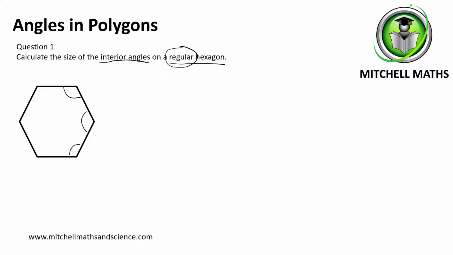There's a rule to find the sum of all the interior angles in a polygon. If you've got the number of sides, you can do that take away 2, times 180. Because we know a hexagon has 6 sides, we can do 6 take away 2, times 180, which will equal 720.